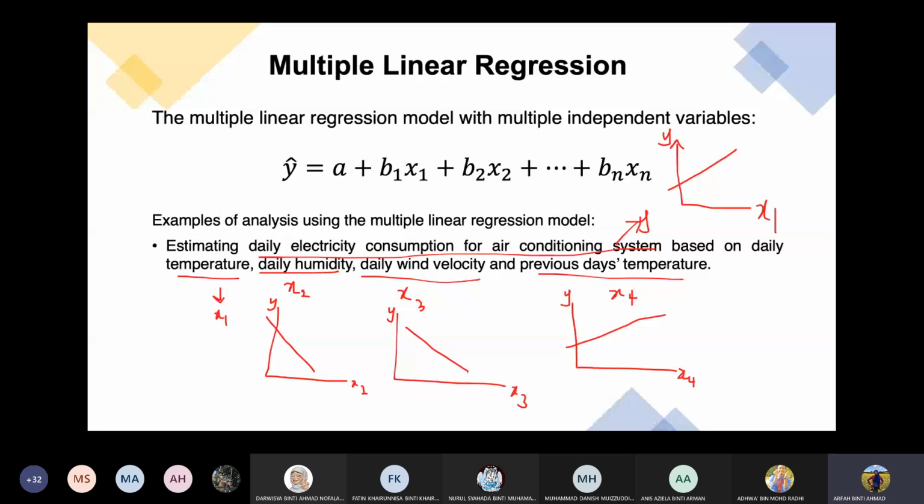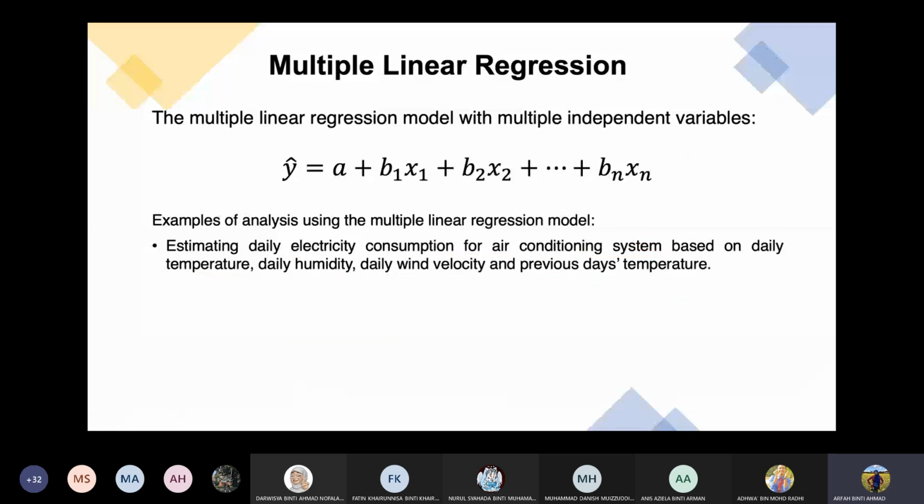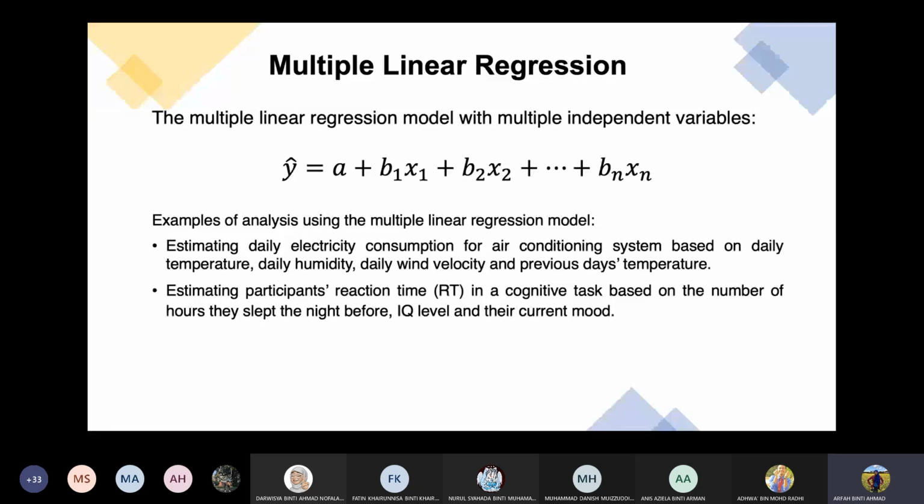Okay, faham? Okay, good. So itu adalah satu contoh yang melibatkan multiple linear regression. The next one, kita ada contoh kedua, estimating participant reaction time in a cognitive task that is based on the number of hours they sleep the night before, IQ level and their current mood.